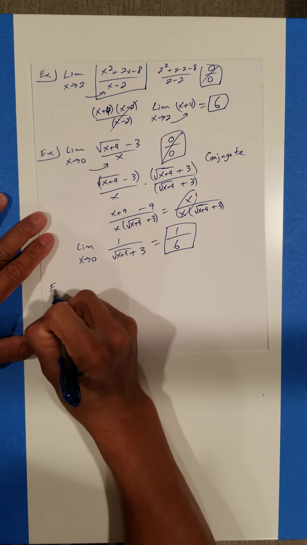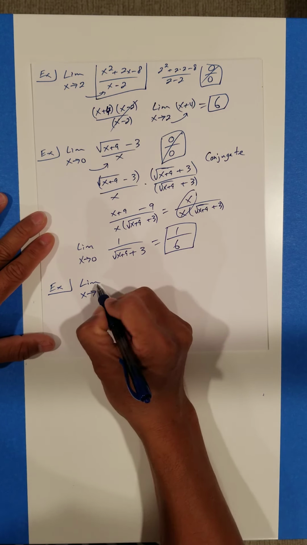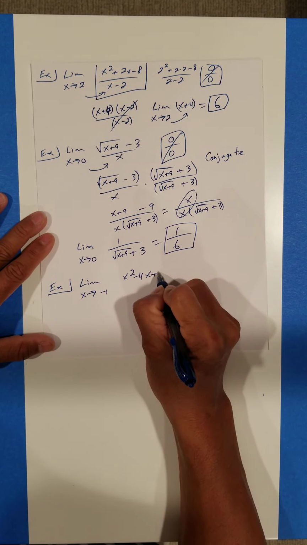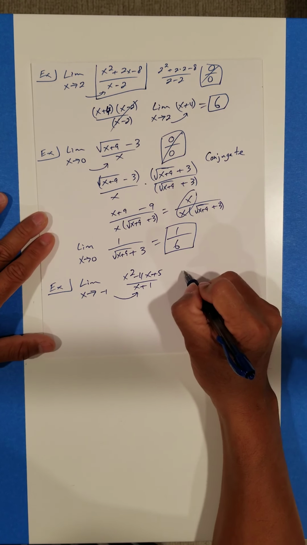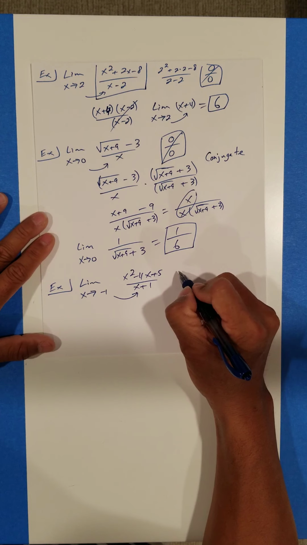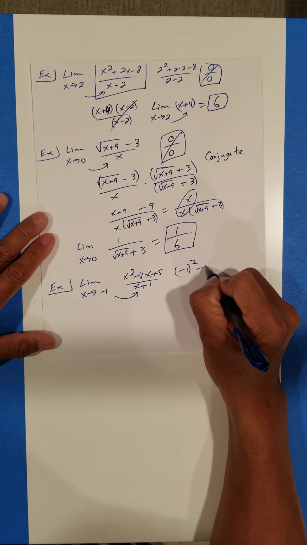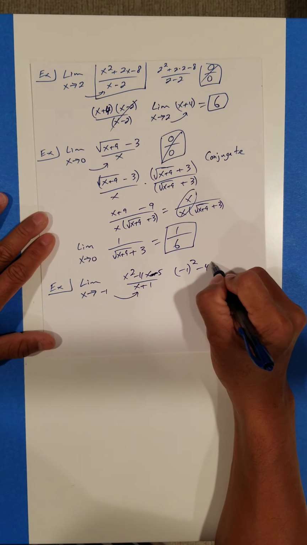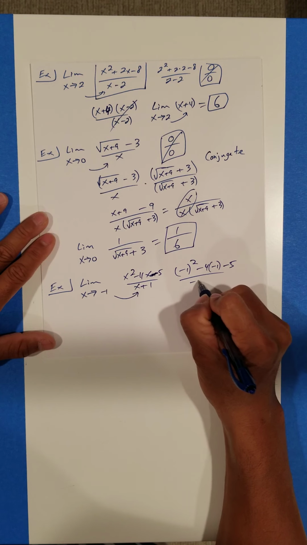For example, the limit as x approaches negative 1 of (x squared minus 4x minus 5) over (x plus 1). Plug in negative 1: negative 1 squared minus 4 times negative 1 minus 5, over negative 1 plus 1.